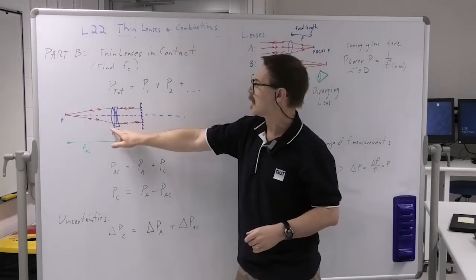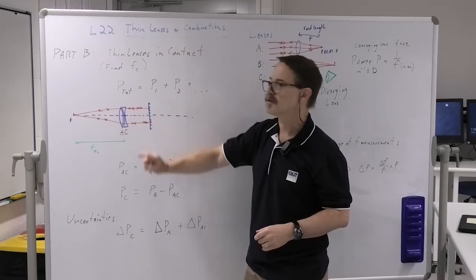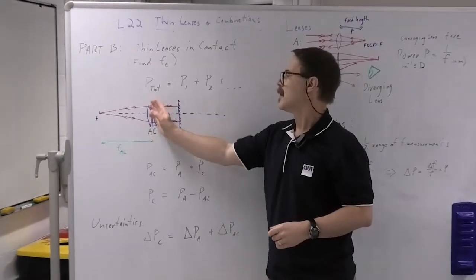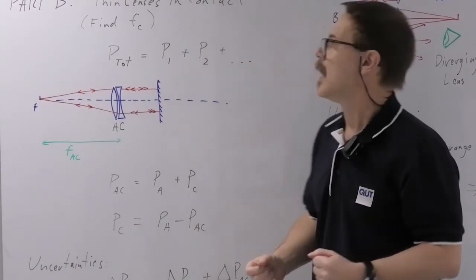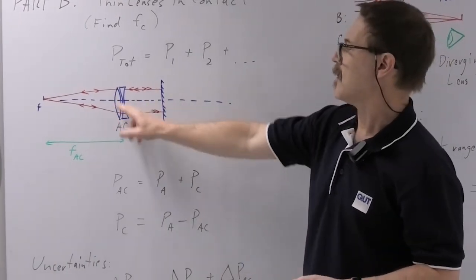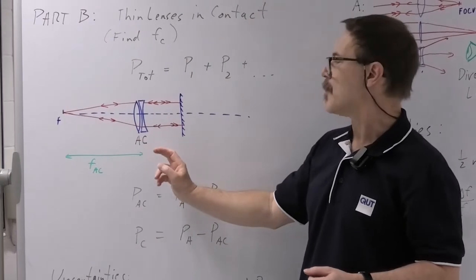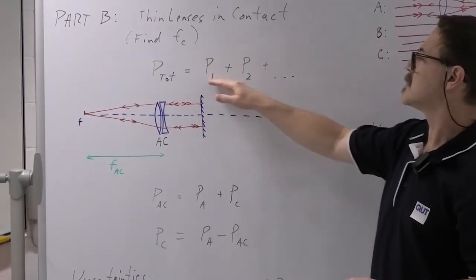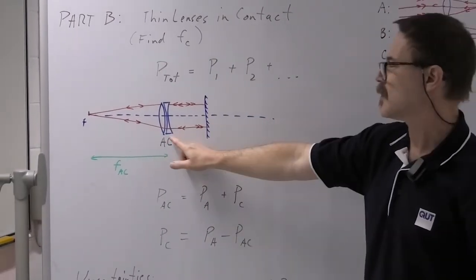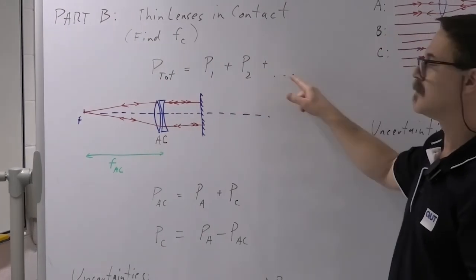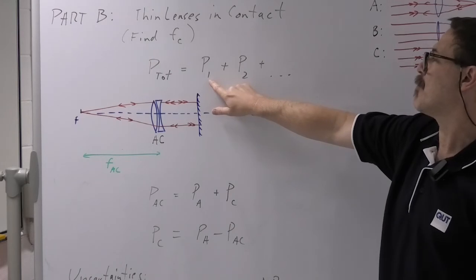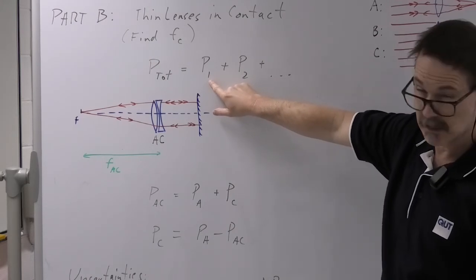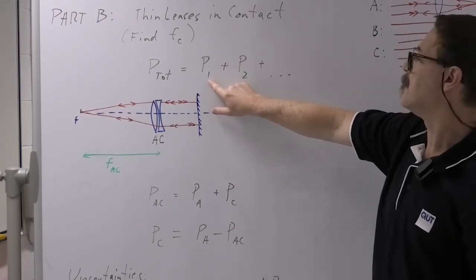So if we put lens A and lens C in contact with each other, then these lenses effectively form a single lens. And the power of that combination of lenses is just the sum of those powers. As long as they're in contact, all you need to do is to add up the powers of the individual lenses. Now, you know the power of lens A because you've measured that like 4 times already.